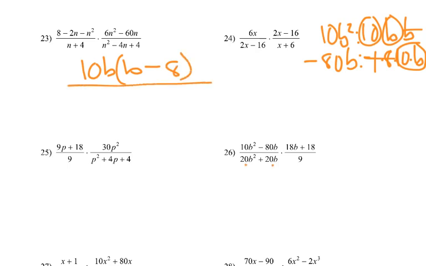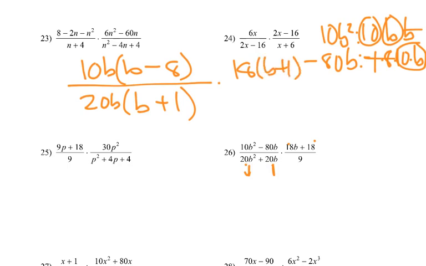Over 20 and 20b, hopefully you can see that I can pull a 20b out, and this side would be left with 1b, and this would be left with a 1, a plus 1. We can't eliminate it. It's got to have that plus 1. Times 18 and 18, well I can pull an 18 out and have b plus 1 over 9.